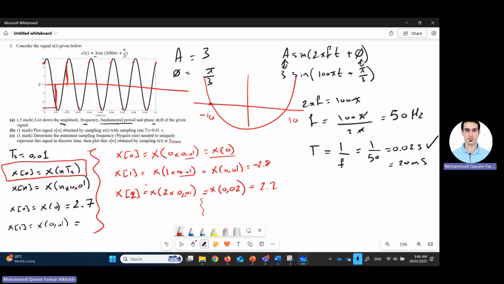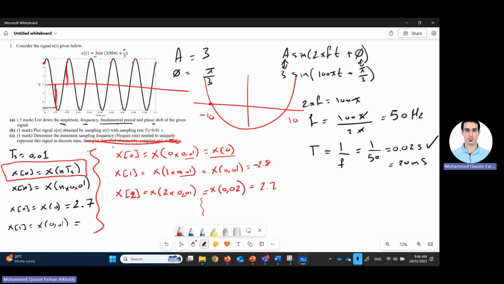All right. The last one. I realize that drawing it will be hard. But if you want to determine the minimum sampling frequency, the Nyquist rate needed to uniquely represent the signal in discrete time, then plot x of n. So I told them just ignore this plotting part, and you'll see why. So in this signal, determine the Nyquist rate.